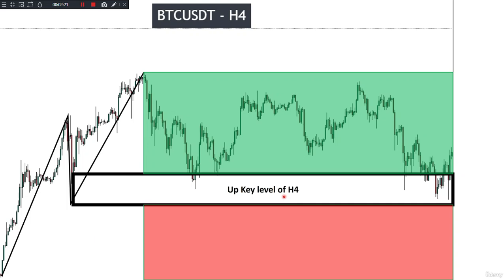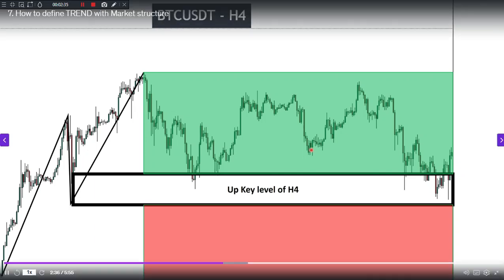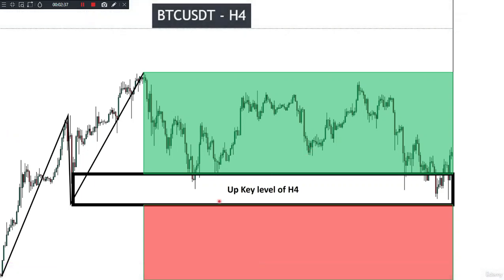If the market continues running above the up key level of the 4-hour time frame like our chart, the chain is still running in the uptrend. In case the market breaks the up key level, the chain totally changes from the uptrend into the downtrend. At that time, we will analyze the market structure for the downtrend later.